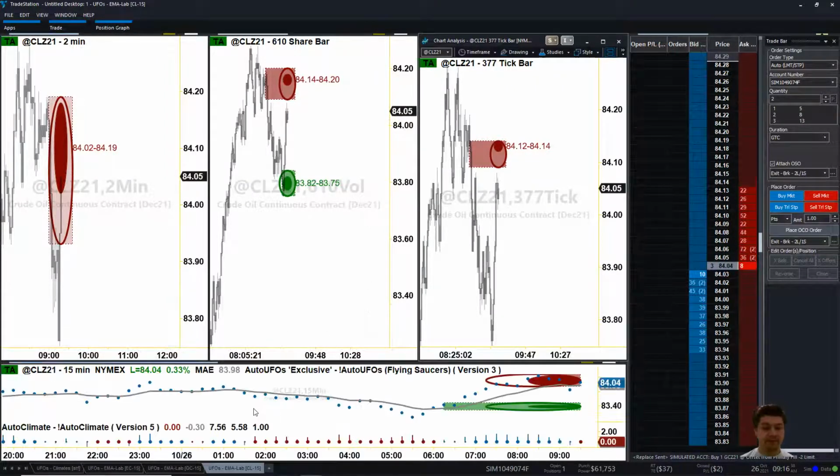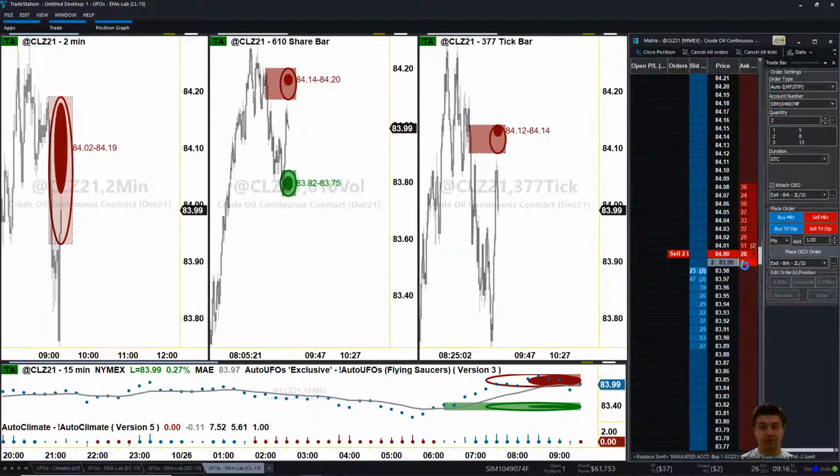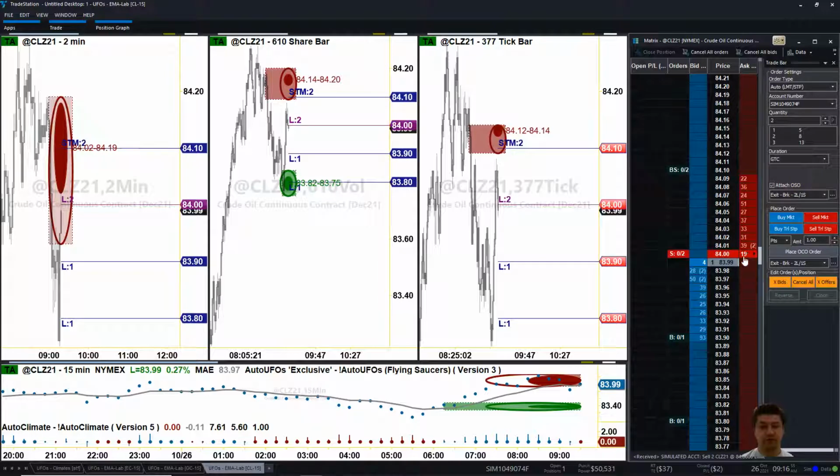Let's see. We have a confirmed down climate, but we're already trading above the moving average. There is a UFO here, so what I'm gonna do is I'm just gonna take this at this 84 number, so I can technically get a better fill on a trade that I would have taken should I have loaded my chart a little bit sooner.